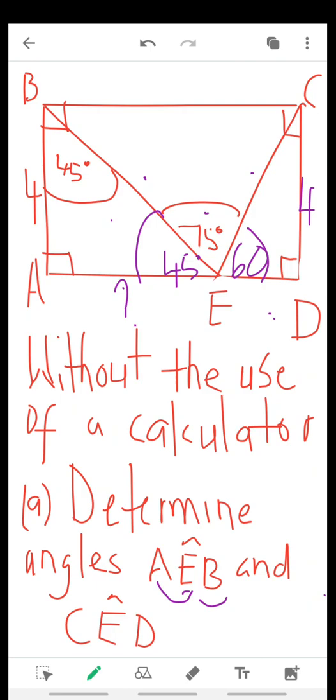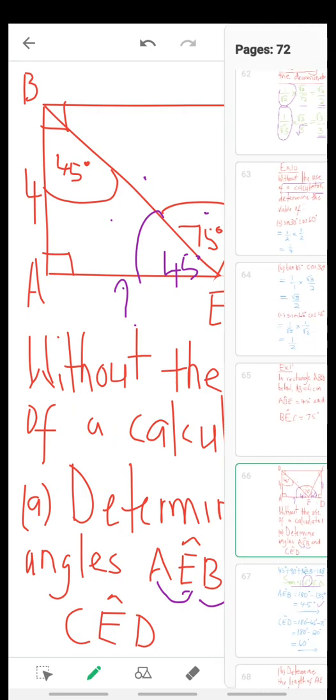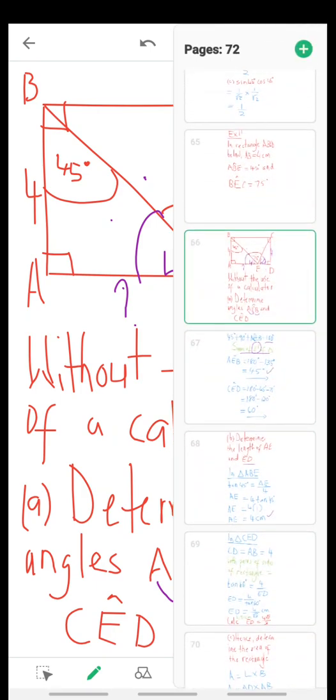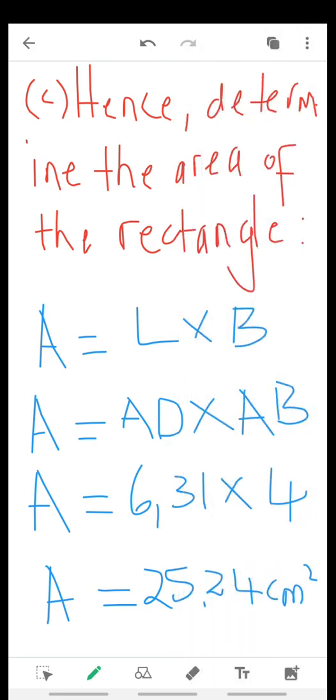It will be CD or AB. Remember, they are equal, so it doesn't really matter which one you choose because we have both 4 and 4. Now, calculating the area, I said area is equal to our length AD times our breadth AB. Then our AD, say, where does 6,31 come from?